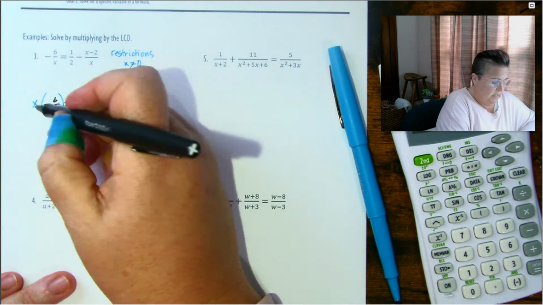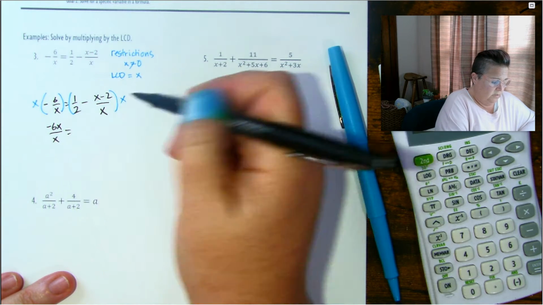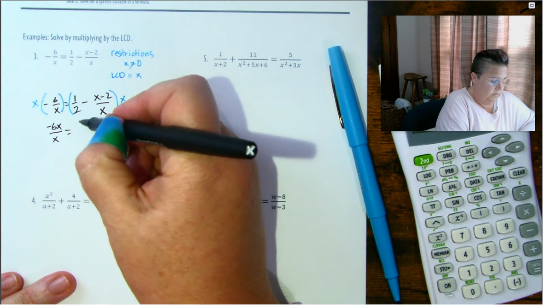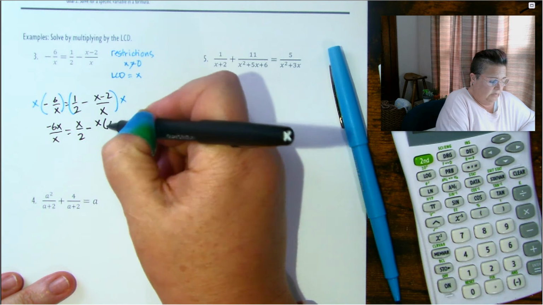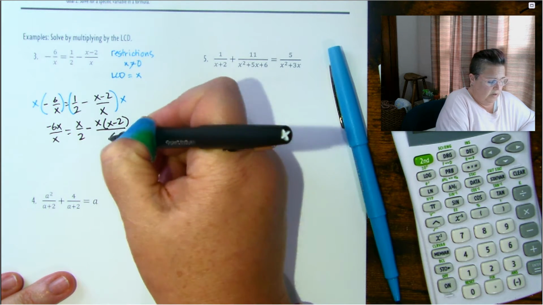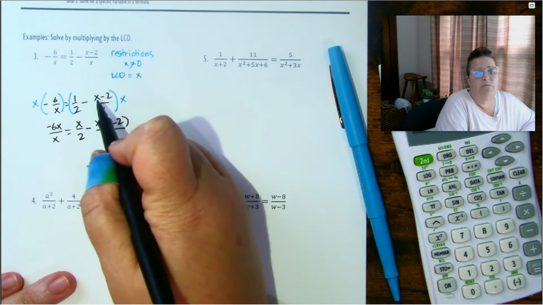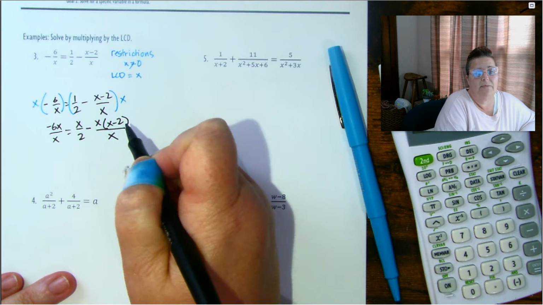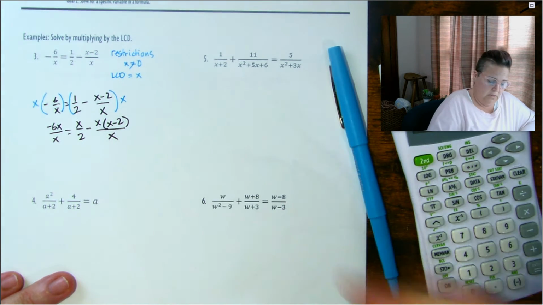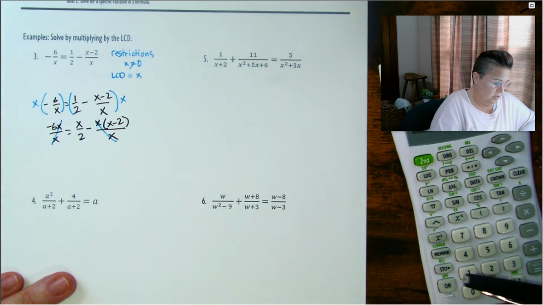That's going to give me negative 6x over x equal to x times x over 2 minus x times x minus 2 over x. This is all the numerator, so I need to put that in parentheses before I multiply. So it would be x parentheses x minus 2. Now, cancel.